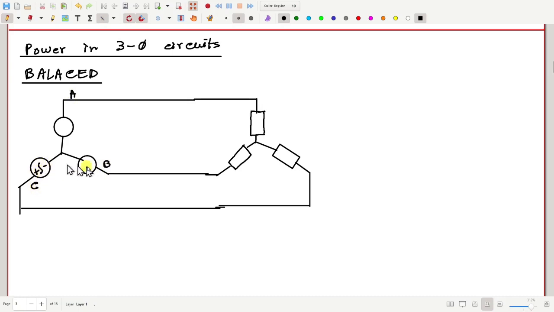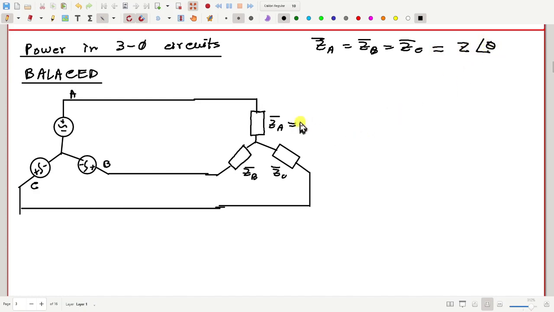plus minus sinusoidal sources. So this is ZA, ZB, ZC, and they are equal. Suppose ZA is equal, so this is equal to Z angle theta.